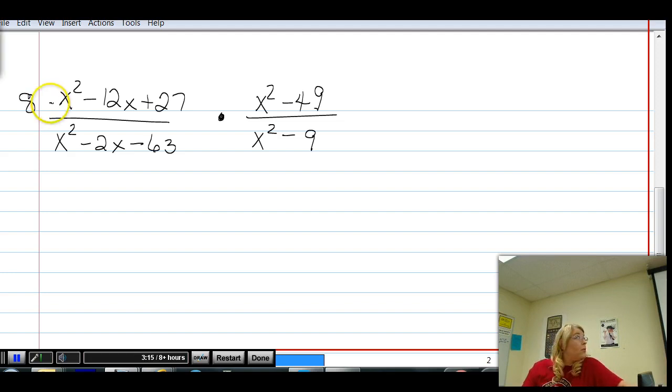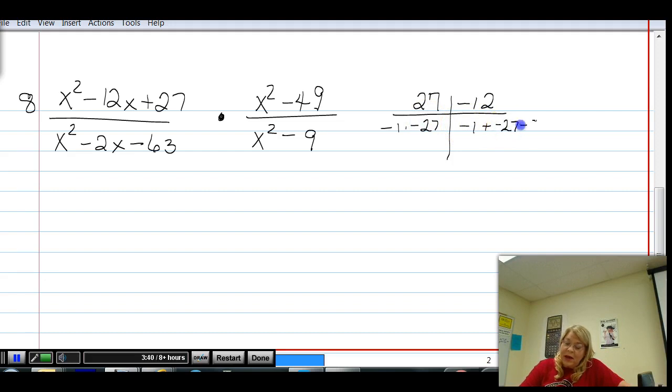So I'm going to look at the first one. 1 times 27 is 27. Reading the signs, they are both negative, and I want the factors of 27 that when added together give me negative 12. Well, I have negative 1 and negative 27 when added together give me negative 28.